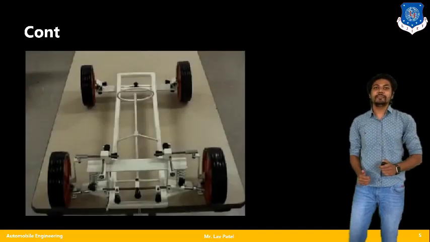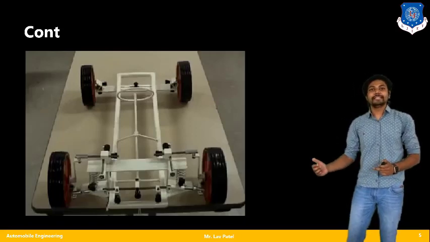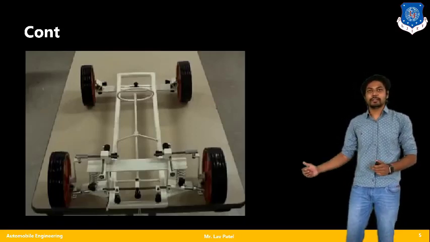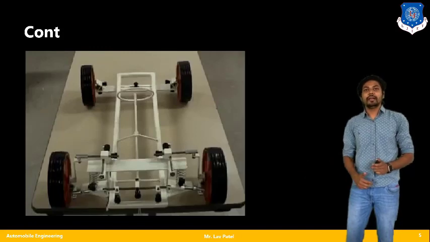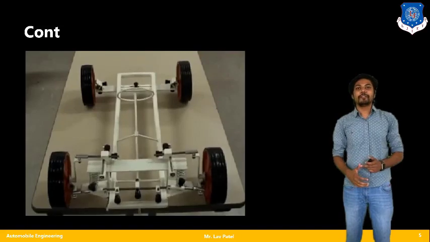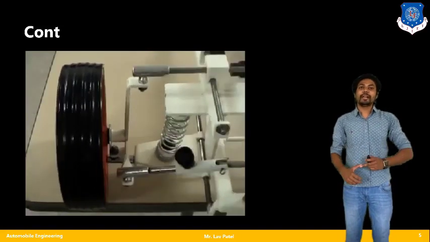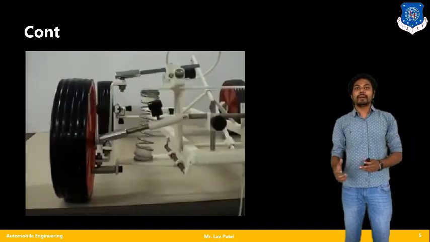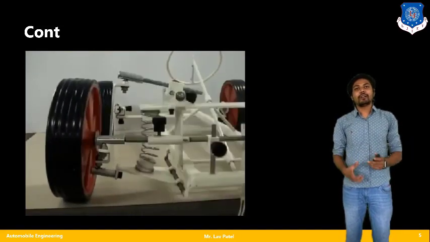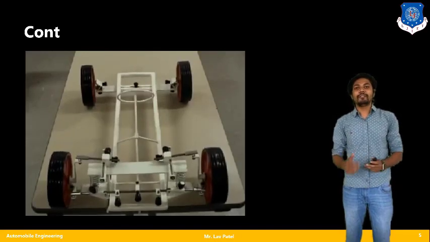Here an image video has been shown of what we mean by bump steer. This is my overall chassis with the front steering mounted, and here you can see that with the help of the bump, the suspension compresses on both sides, because we are saying that both my tires are on the bump or particular road condition, not only one tire.